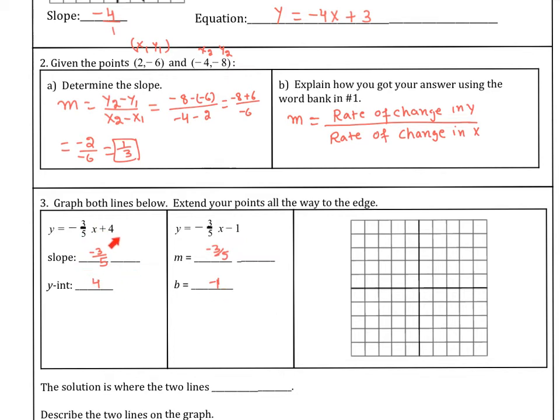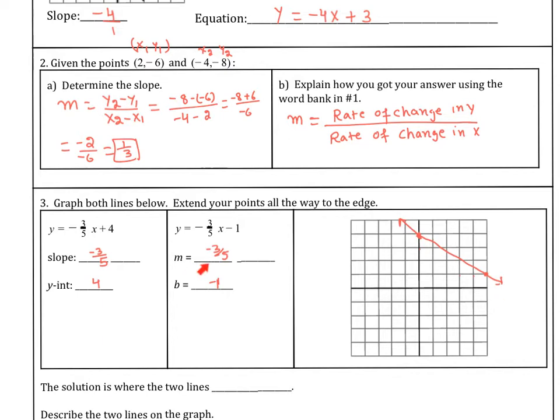Let's graph the first equation. The y-intercept is 4, so 1, 2, 3, 4, and the slope is 3 over 5. So 1, 2, 3, 1, 2, 3, 4, 5. So these are the 2 points, and when you connect these points, you get the full line graph.